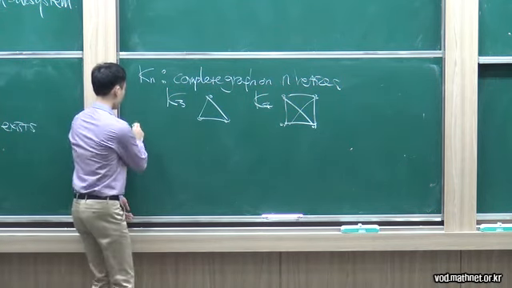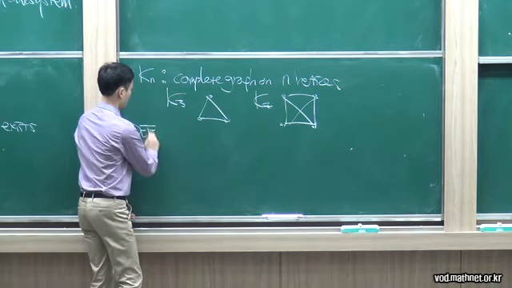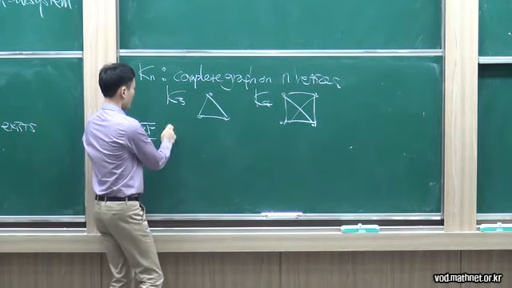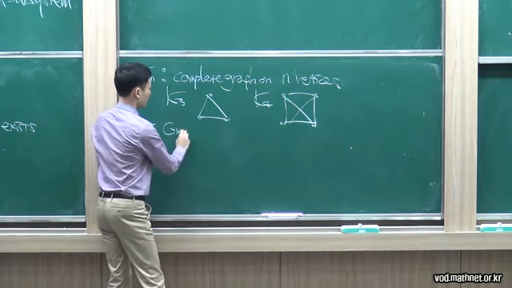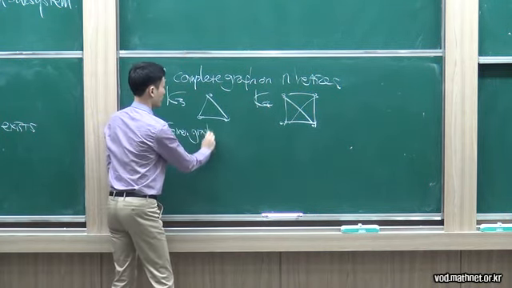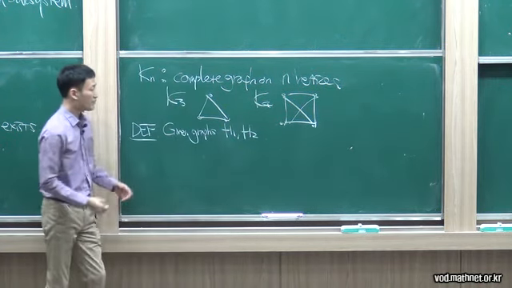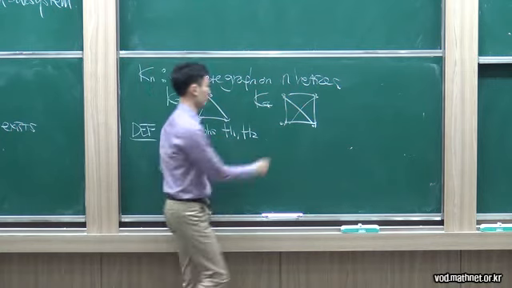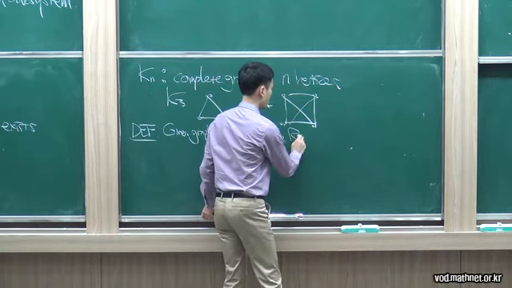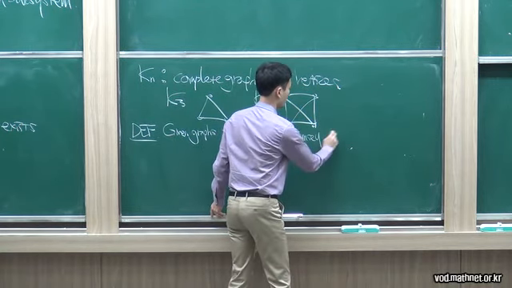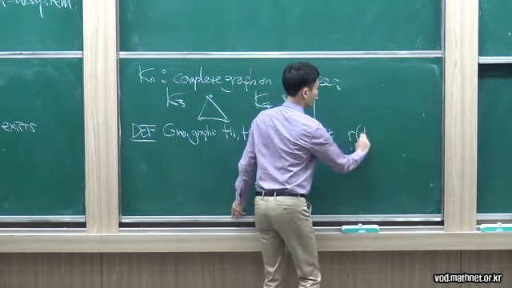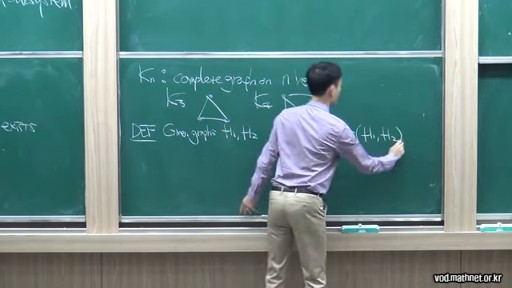So here's the most important definition for today's lecture. Given two graphs H1 and H2, I define the Ramsey number of the pair H1, H2 as following. I denote it as R(H1, H2).